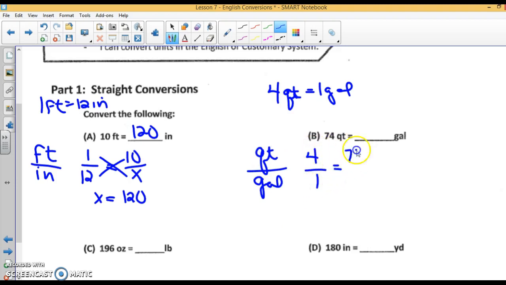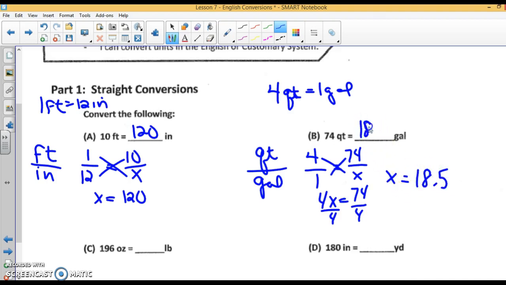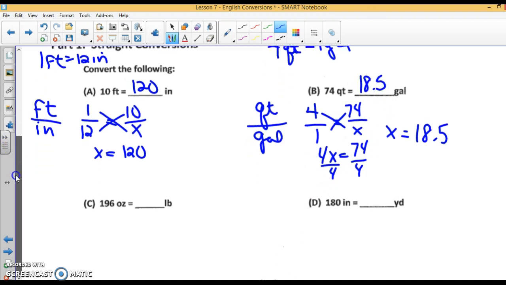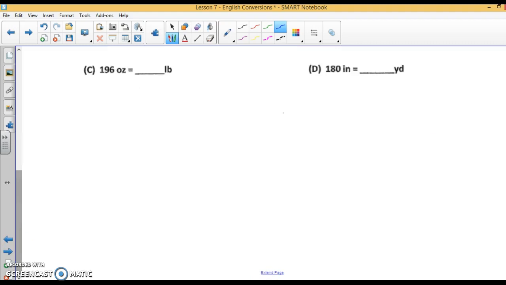I've got 74 quarts. I want to know how many gallons. x. Okay, x goes there. Cross multiply. 4x equals 74. Divide both sides by 4, and I end up with x is 18.5. So 18.5 gallons.